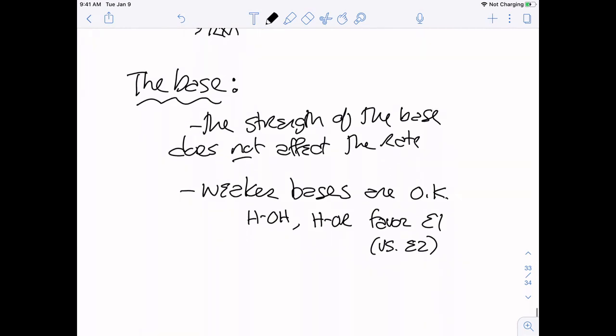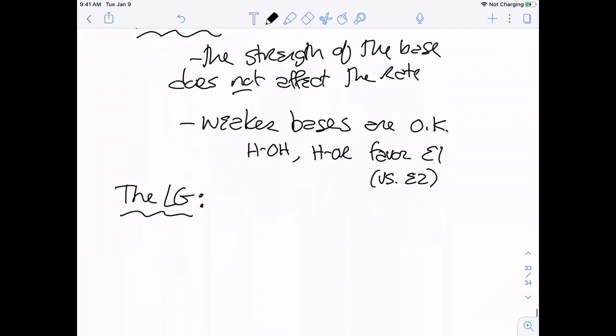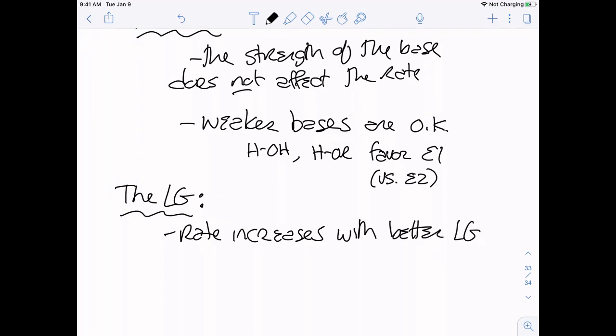The leaving group, the same as with all of the ones we've considered so far. The rate increases with a better leaving group. The first thing that happens is my leaving group leaves. So if it likes to leave more, it's going to be a faster rate.